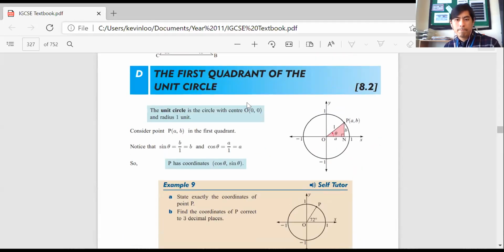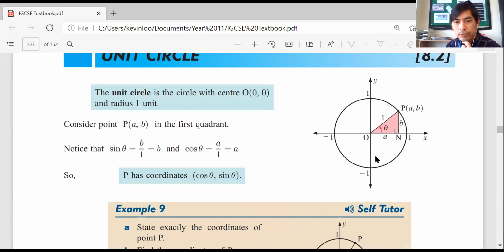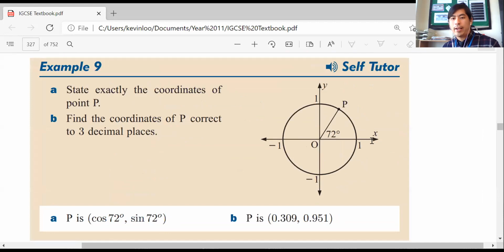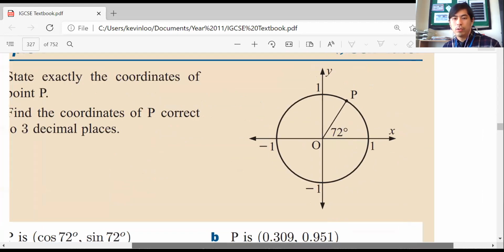So here's a unit circle, right? You have x and y. So we're just going to stick in the first quadrant for now. We're going to state exactly the coordinates of point P. I have a unit circle, a circle of radius 1, and I have an angle 72.